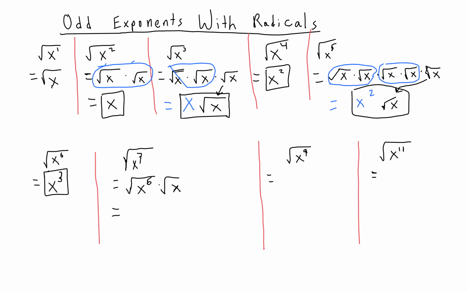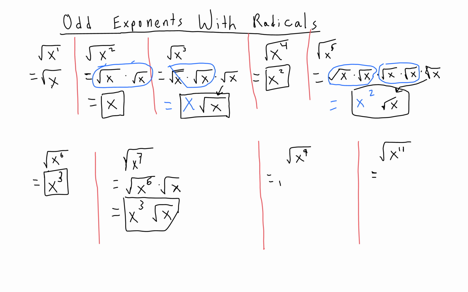But we know what the square root of x to the 6th is. We take half of it. So that is going to give us x to the 3rd power and then we have the lone root x left over, the odd man out, okay?